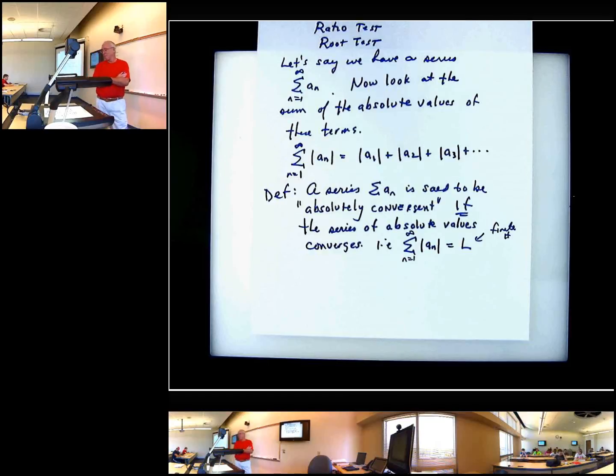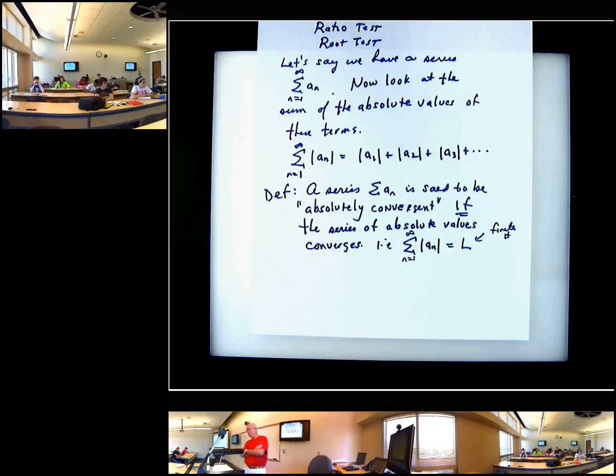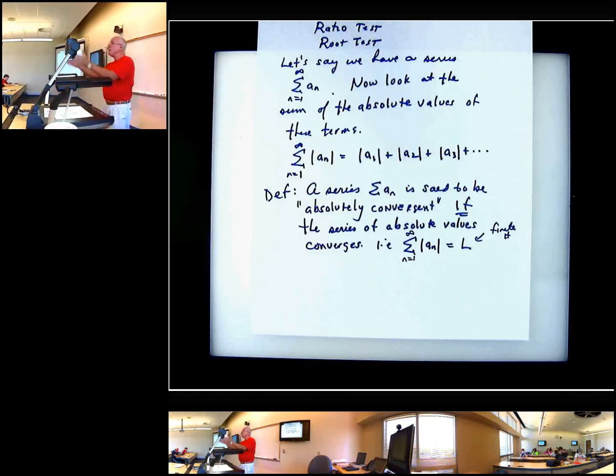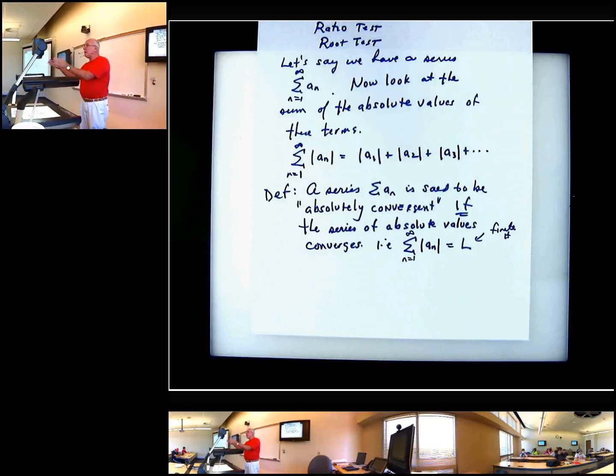Because if it converges, then the numbers should all be positive anyway, and then you take the absolute value. Right, because I told you that they're all positive anyway. So if something is positive, it's equal to its absolute value, because absolute value is always a positive number. So if something's already positive and it converges, then putting bars on it for absolute value is not going to make any difference, because it's positive anyway.